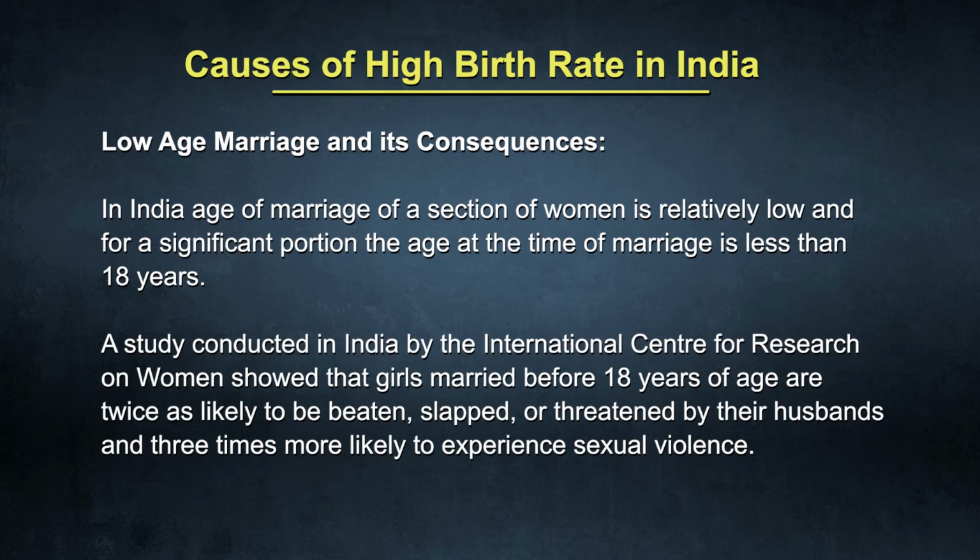A study conducted by an organization, the International Center for Research on Women, showed that girls married before 18 years of age are twice as likely to be beaten, slapped or threatened by their husbands, and 3 times more likely to experience sexual violence.